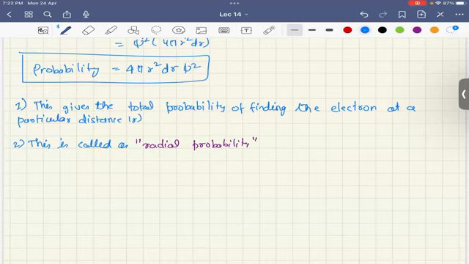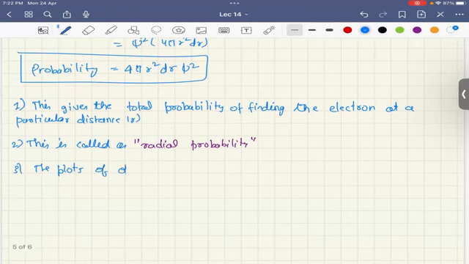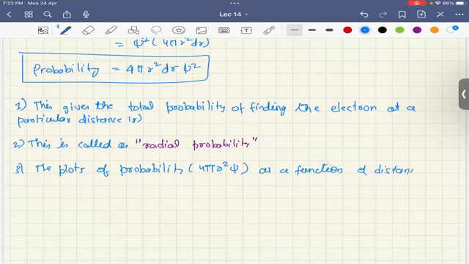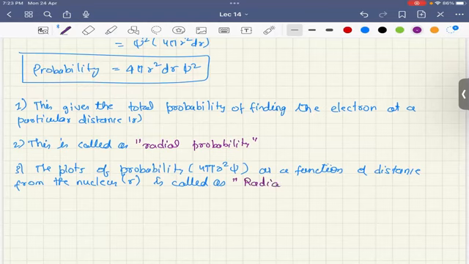And the plots of probability, which is nothing but 4 pi r square into psi square, as a function of distance from the nucleus, which is nothing but r, is called the radial probability distribution function.